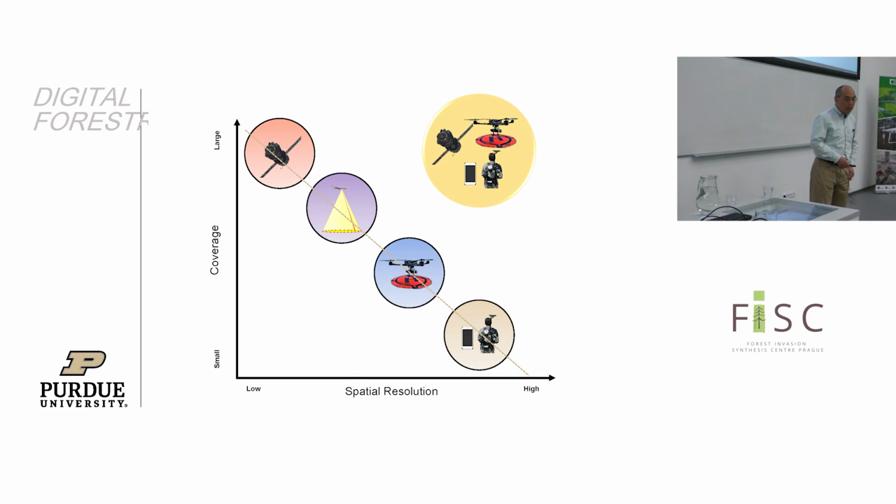I'll just use one example, right? I have left my phone here. You all have a phone, right? On the phone, if you have an iPhone, you know how many lidars you have on your phone? You have at least 2 lidars on your phone.